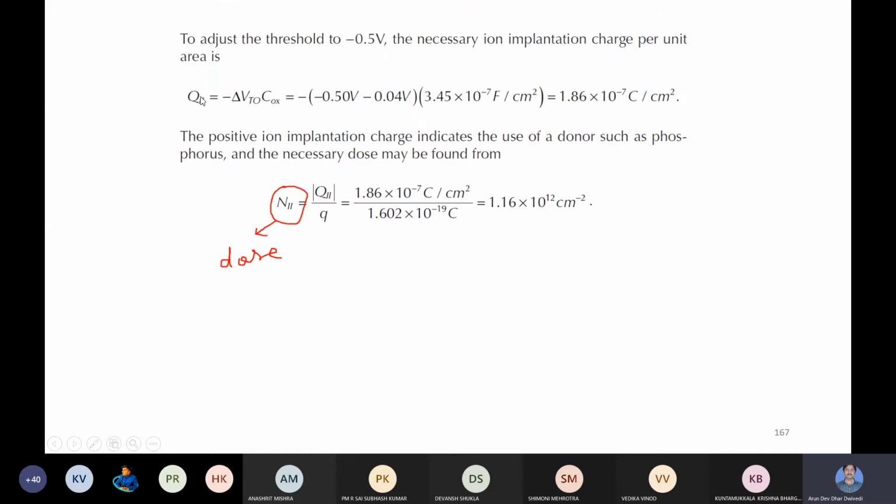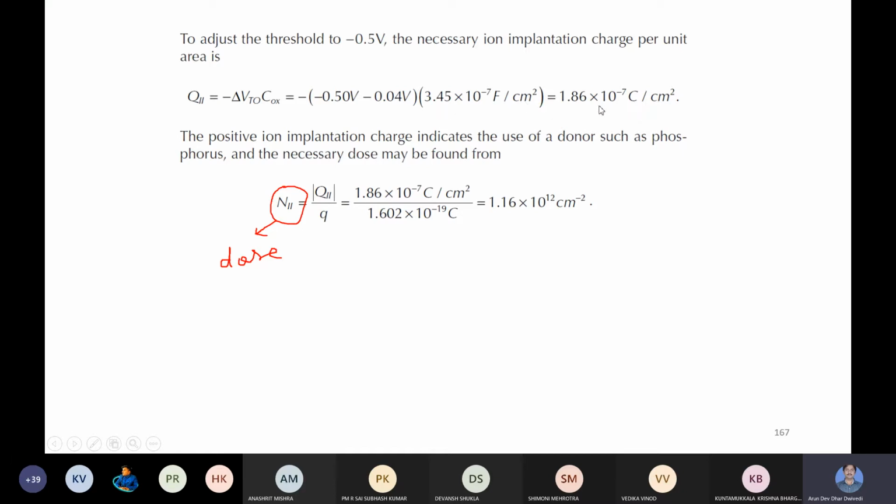So the ion implanted charge QII is equal to minus delta VT, the change of threshold voltage, into COX. So by this way, minus delta VT we are calculating: minus the final voltage, minus 0.50, and minus whatever you are getting, that one. So this much is multiplied by this oxide capacitance per unit area.